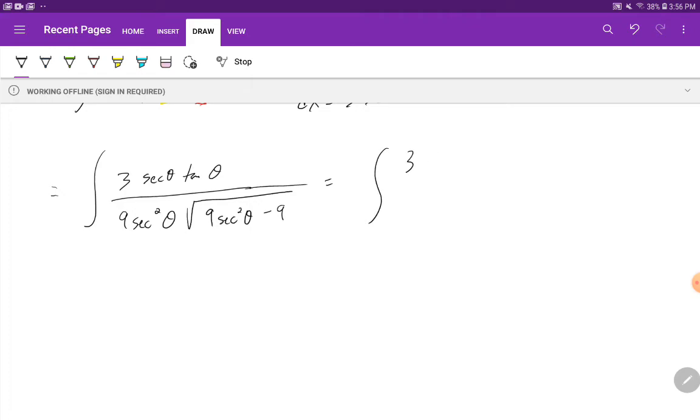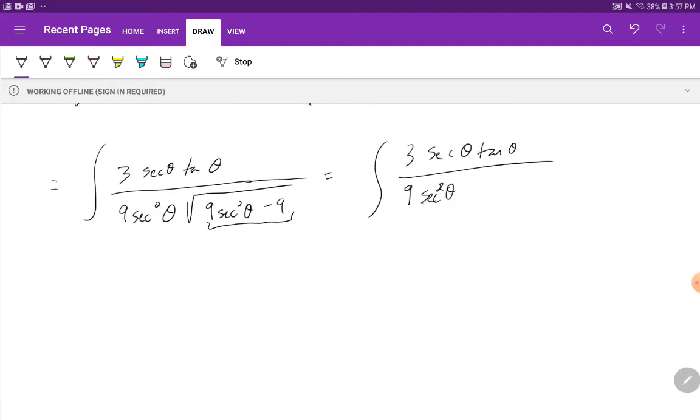Simple algebra, right? Okay, maybe not so simple, but 3 secant theta tan theta all over 9 secant squared theta. It looks like I'm going to pull a 9 out of this guy right here, which means a 3 is going to come out of the square root, leaving me with secant squared theta minus 1 under a square root.